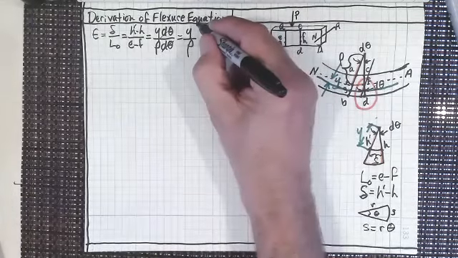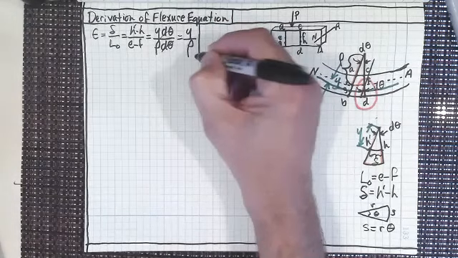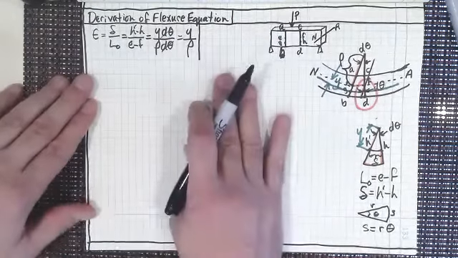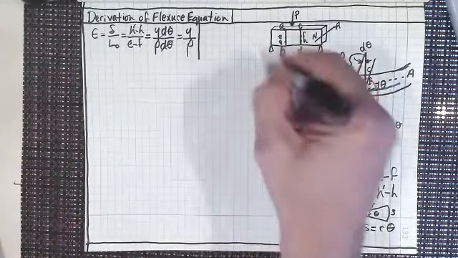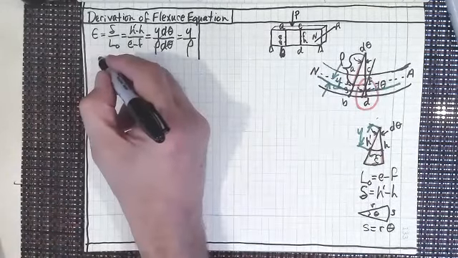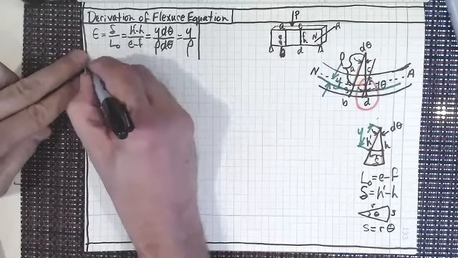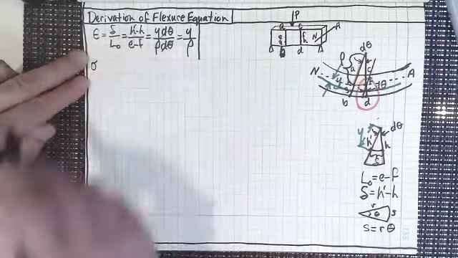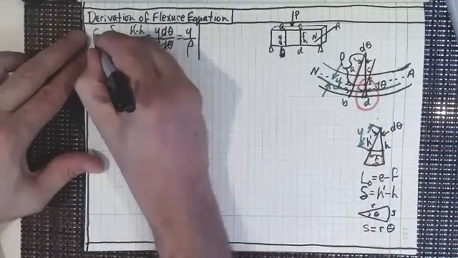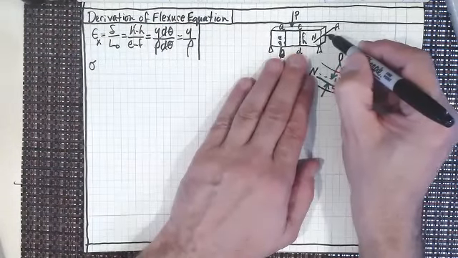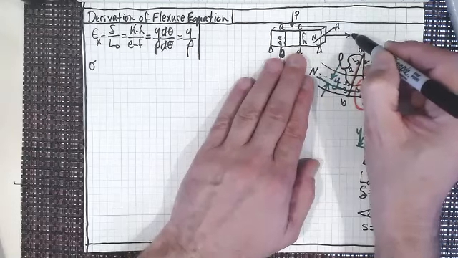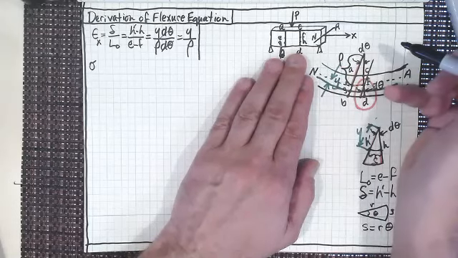Now, I'm going to end that there, and I'm actually going to move down here underneath it for the next step, because I think that it goes together. Might use that for drawings or whatever, but what is sigma, right? So this is epsilon sub x. This is my x-axis along the axis of the beam, right?